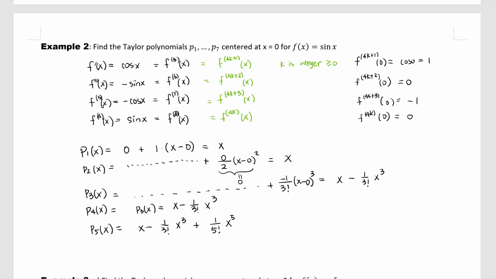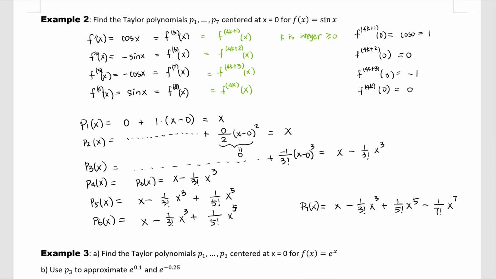Because the sixth derivative is 0, P6 will be the same as P5. Okay, how about P7? Well, it is whatever we had before, plus the new term. What is the new term? The new term is minus 1 over 7 factorial x to the 7. So this is P7.